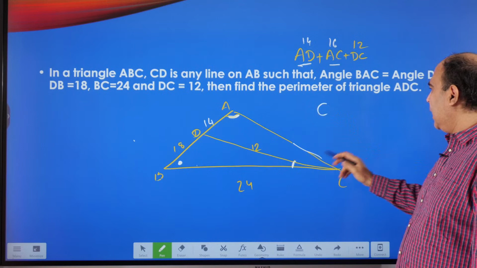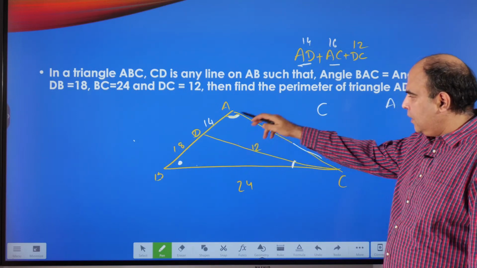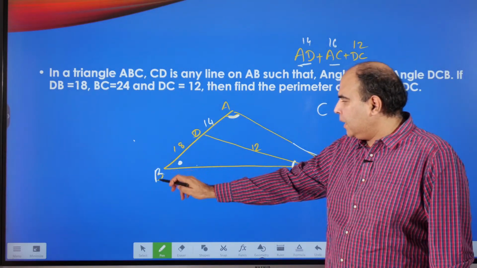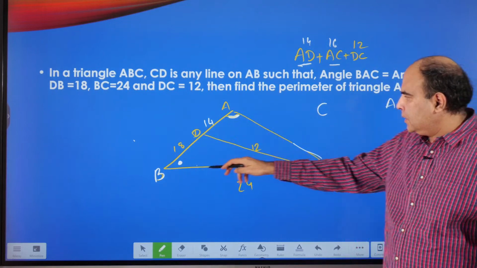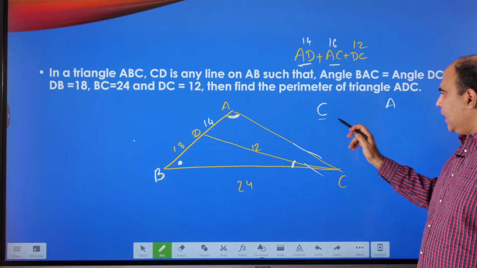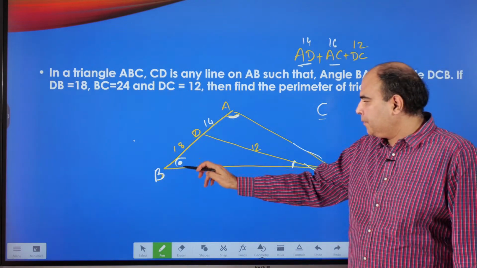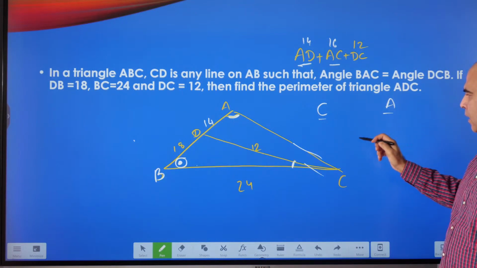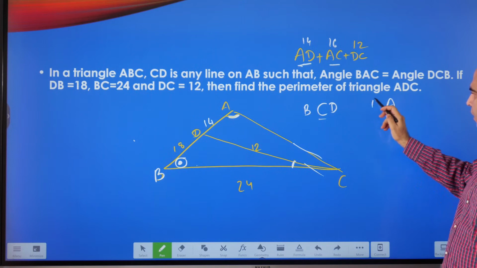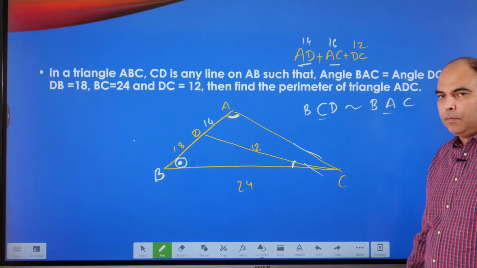So angle C in BCD and angle A in DAC, or in BAC. Angle A is in both of them. It's there in DAC also, it's there in BAC also. So angle C and angle A are equal, and then you see that the angle B in BCD is common to the angle B in BAC.